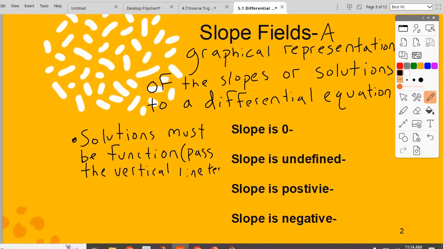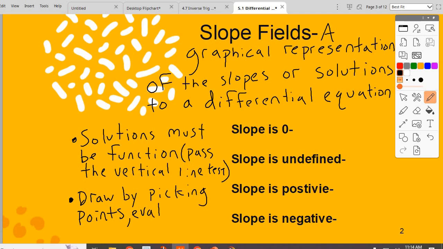And we'll look at what that means here in a minute, okay? And in general, we're going to draw these by picking points, evaluating and generalizing.